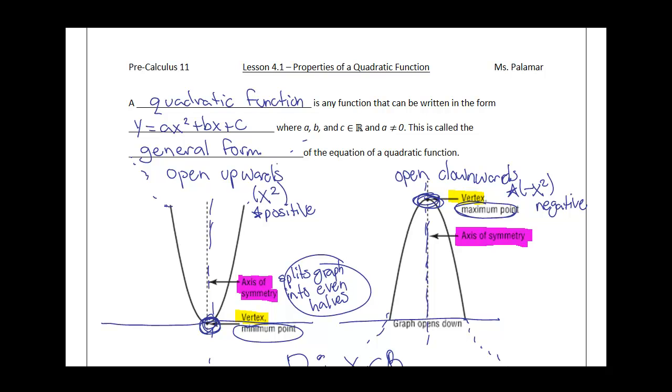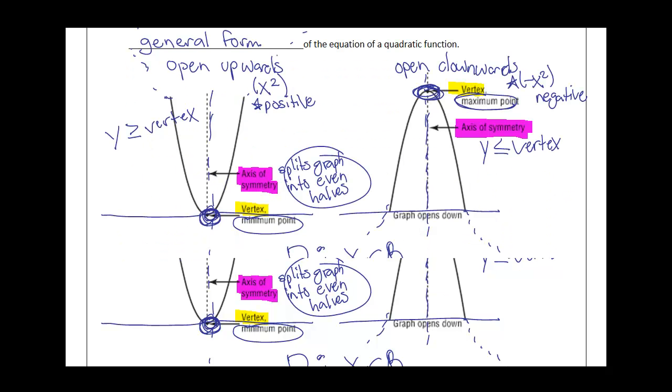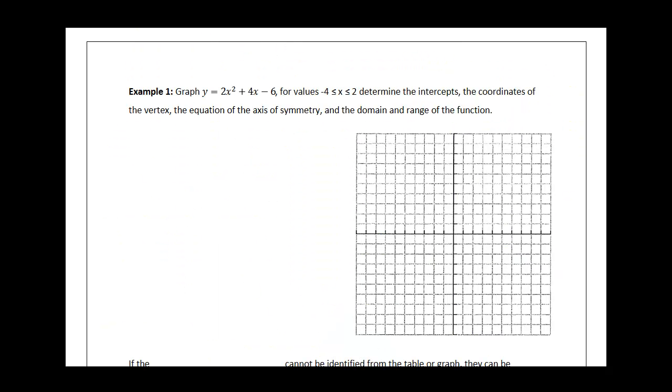Depending on which graph we're looking at, we're going to have a restriction on our y value. On this graph, our y values have to be greater than or equal to the vertex y value, and in this graph, they need to be less than or equal to the vertex y value. Let's try some examples now.